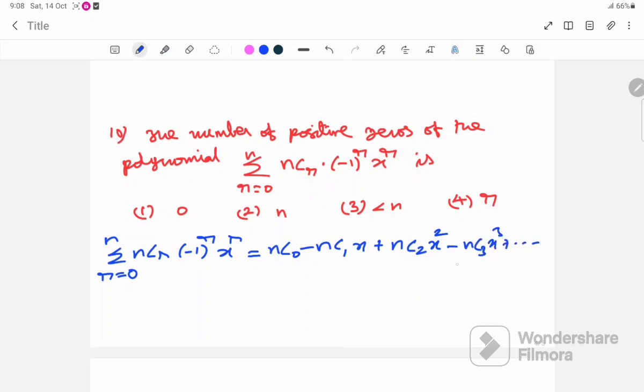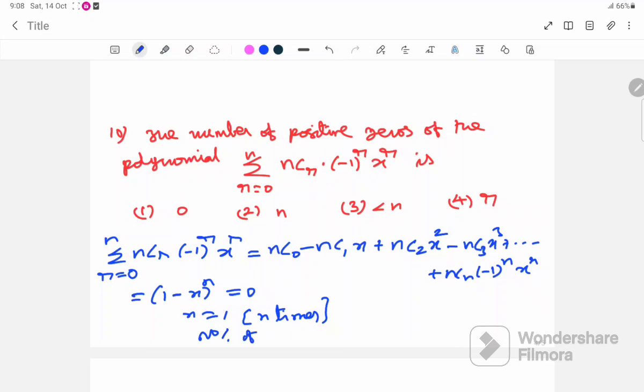It will go on like this. The last term will be minus 1 power n, nCn x power n. See, it is known as 1 minus x whole to the power n. If it is equated to 0, x equal to 1 will come n times. So, number of positive zeros equal to n, it is there in option 2. That's all, got over.